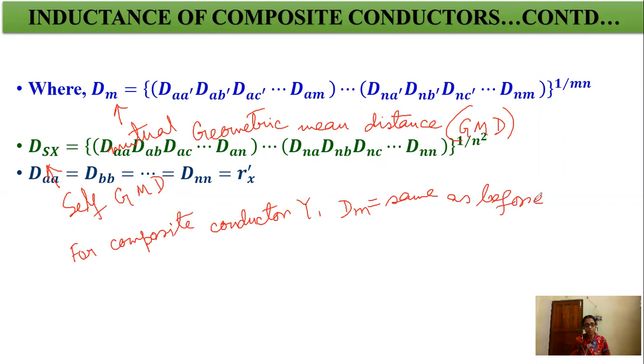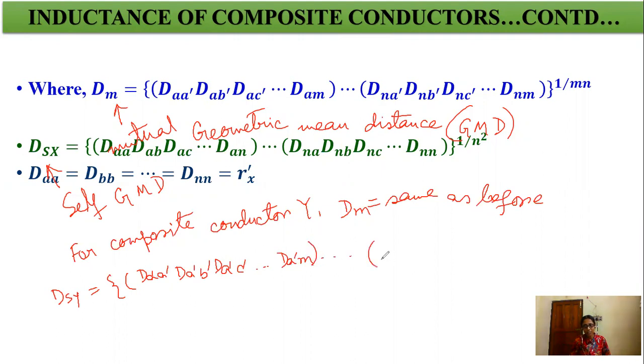What will be changed is DSY. There will be a change for DSY: it will be DA'A', DA'B', DA'C', and so on. We have considered m number of strands.